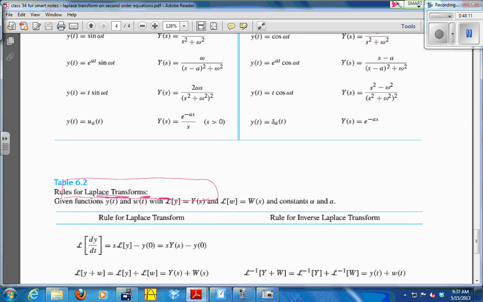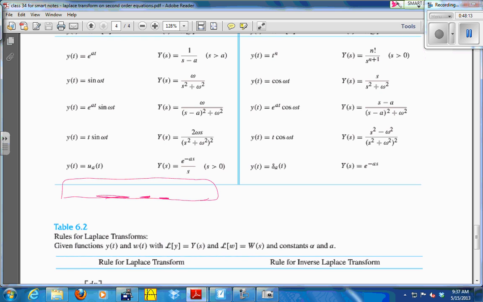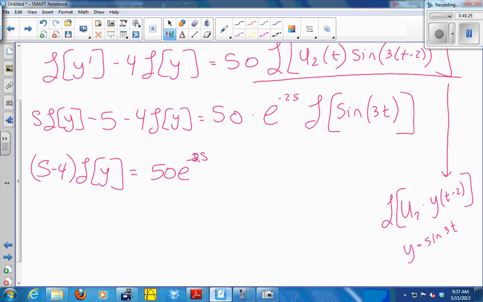The Laplace of sine omega t. So that would be 3 over s squared plus 9. And then plus 5.